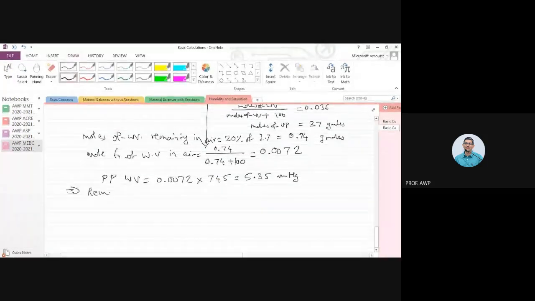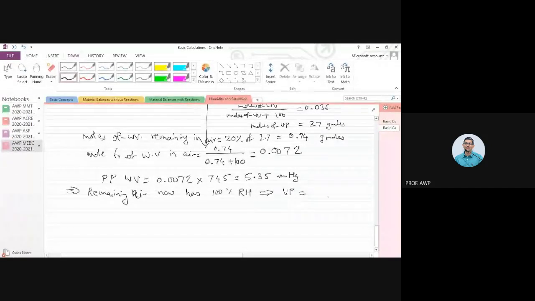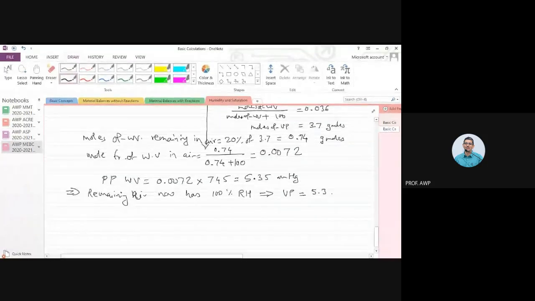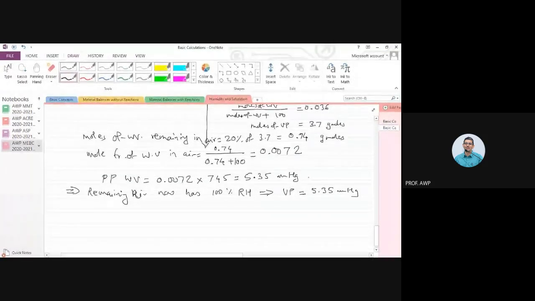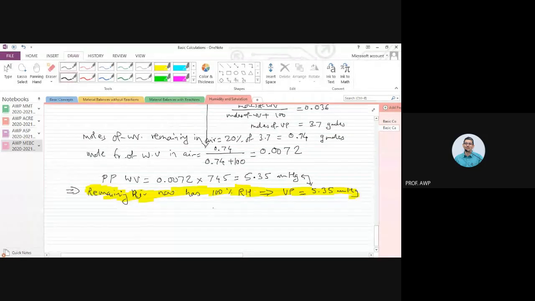Therefore, the remaining air has 100% relative humidity, so it must be at a temperature such that the vapor pressure is 5.35 mmHg. This statement you have made in your mind, isn't it, Prajot? Yes, sir. It is a good idea to write that statement, or at least make it.